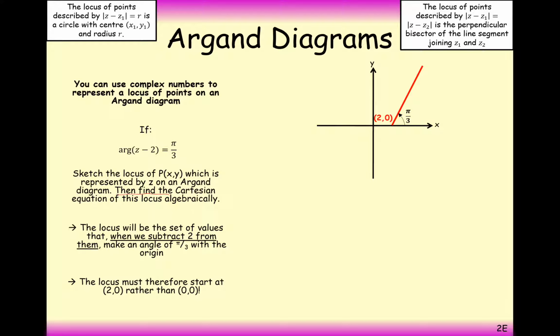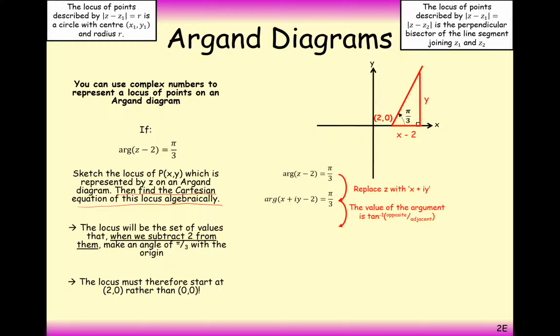How do we then find the equation of this line algebraically? Well, very similar to before. Replace z with x plus yi. Group your real parts and your imaginary parts together, because the distance along this line, if we have this coordinate xy, is going to be x.